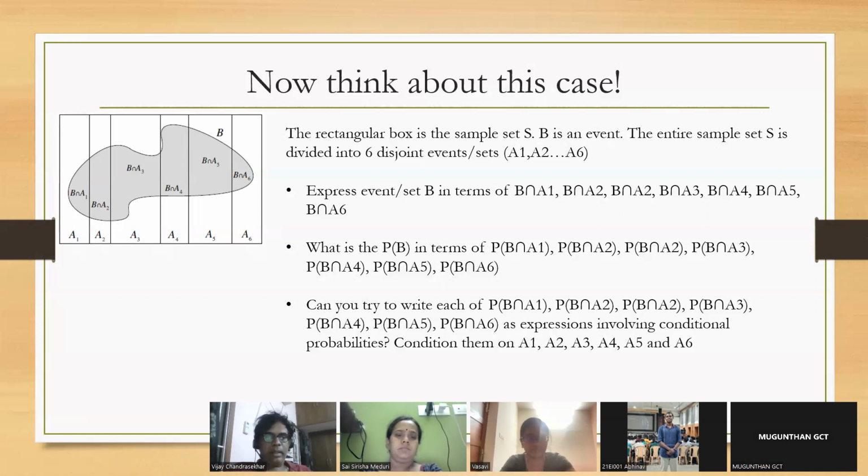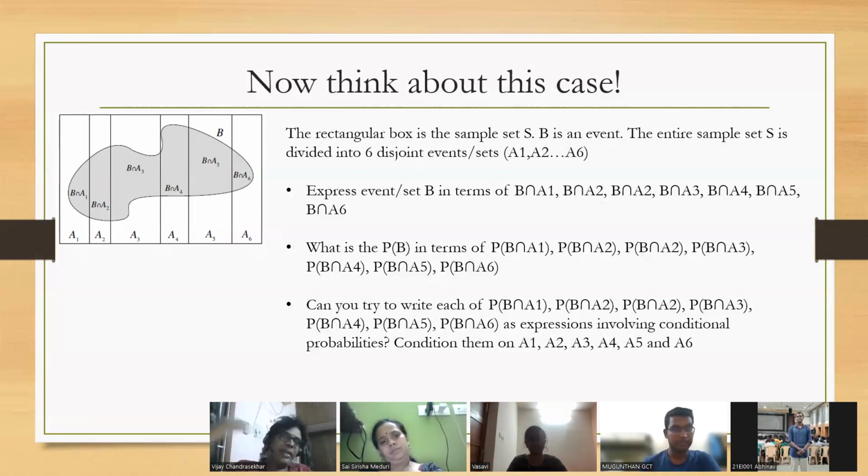Now, our final question would be, if I have to calculate the probability of B, I want to calculate the probability of B. Each of these are disjoint events. You take B intersection A1, B intersection A2, B intersection A3, B intersection A4, all the way to B intersection A6. They're all disjoint events.